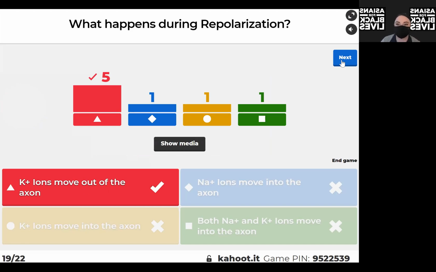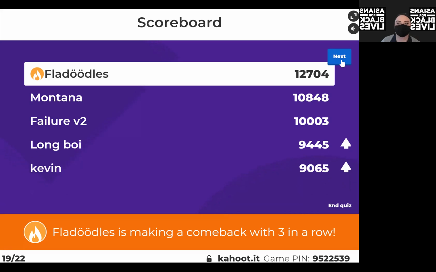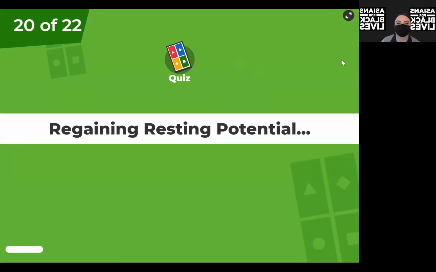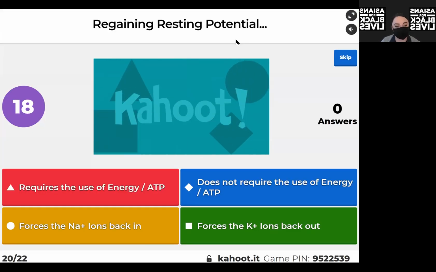Potassium ions move out of the axon. So what has to happen when a neuron regains resting potential?